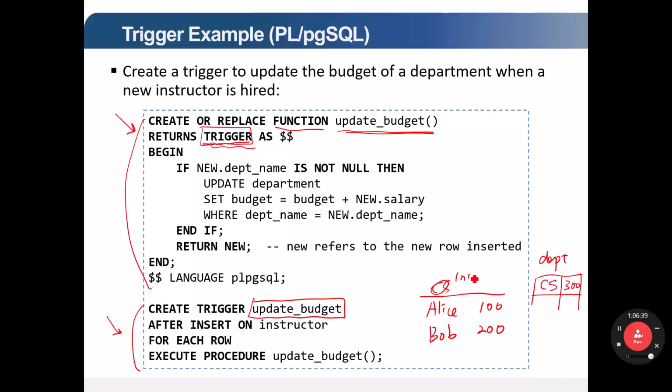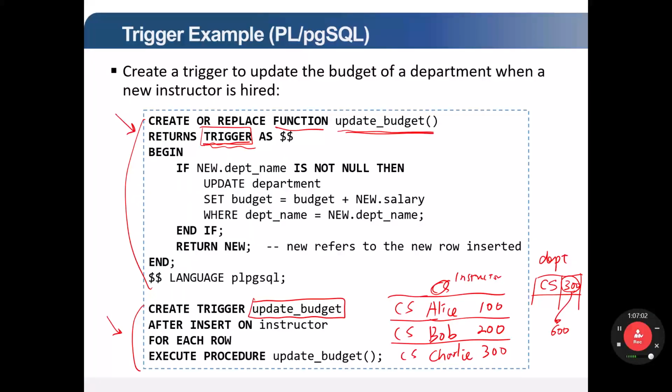This is the instructor table, and their department is computer science. And when a new instructor, let's say Charlie, is inserted into this instructor table, simultaneously, the budget of the computer science department should be increased to 600.